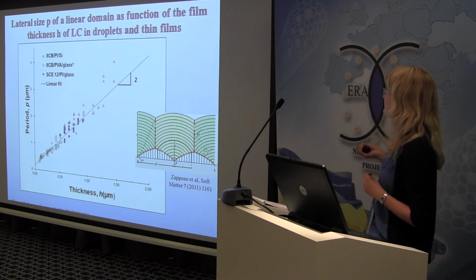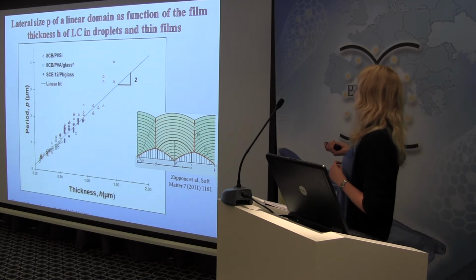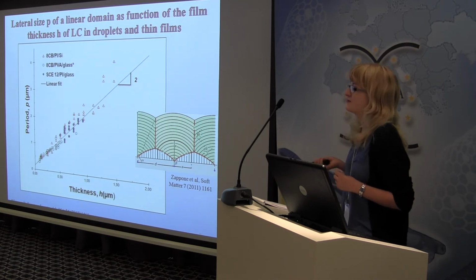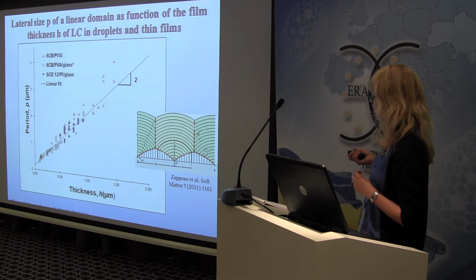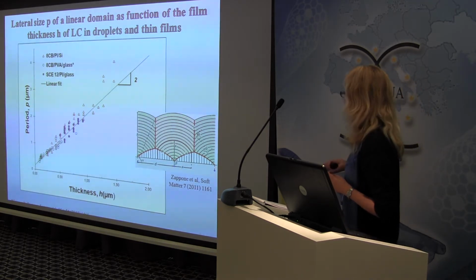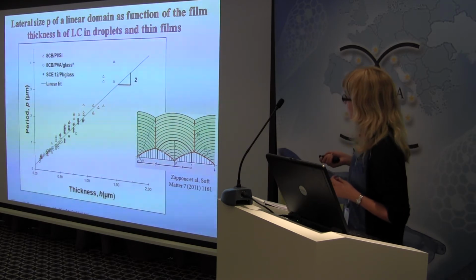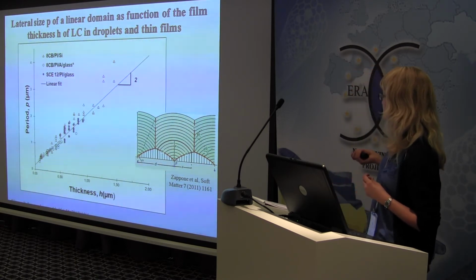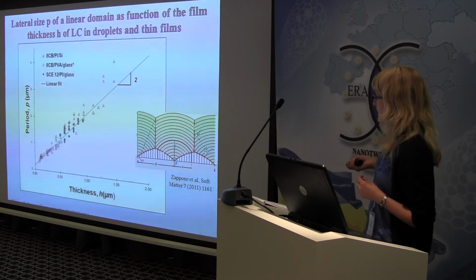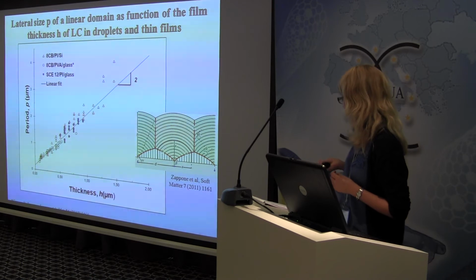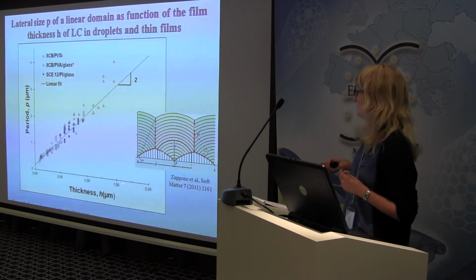The lateral size P of a linear domain as a function of the film thickness H of liquid crystal in droplets and thin films was studied, and as you can see from just a simple linear approximation of experimental results for different types of liquid crystals and different types of surfaces, the slope was 2, which means that the period of the domains increases twice as much as the thickness of the liquid crystal film.